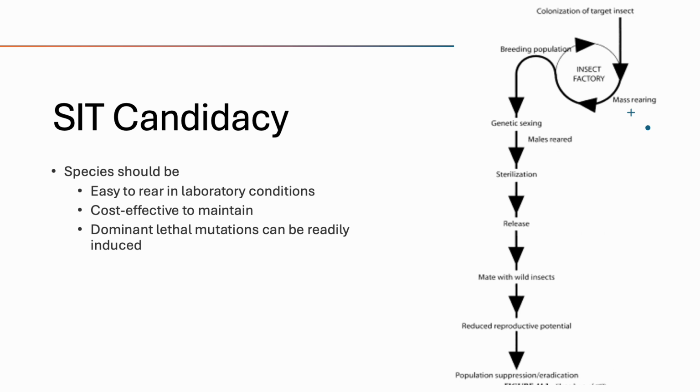The males are specifically reared and undergo sterilization through chemical mutagenesis. They are then released, then they mate with the wild insects, and they reduce the reproductive potential, ultimately leading to either population suppression or eradication.